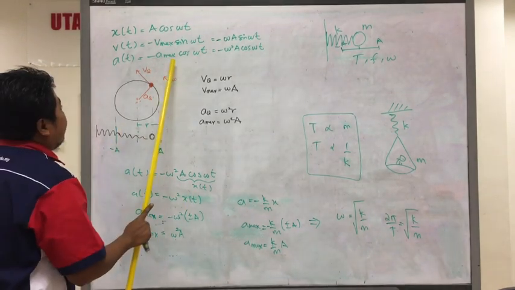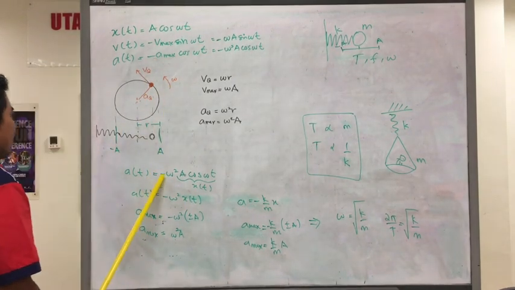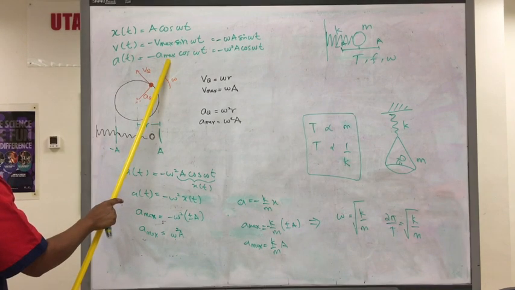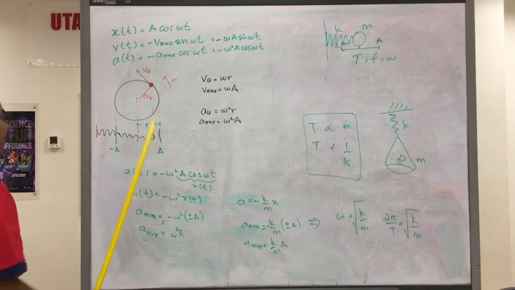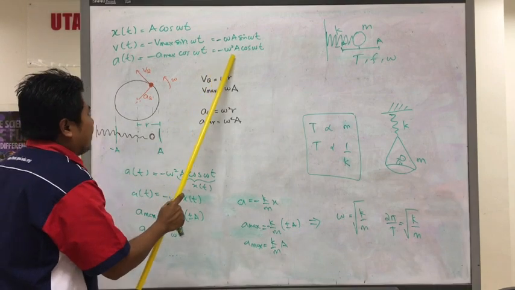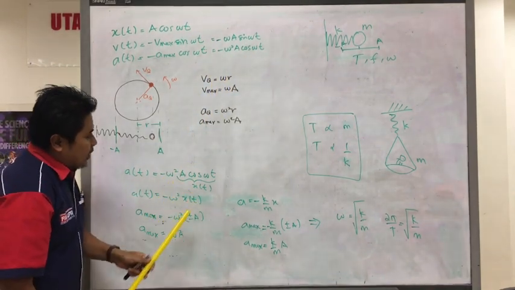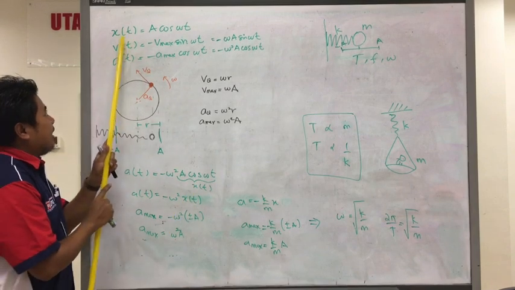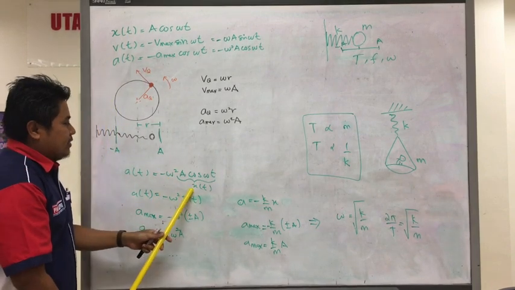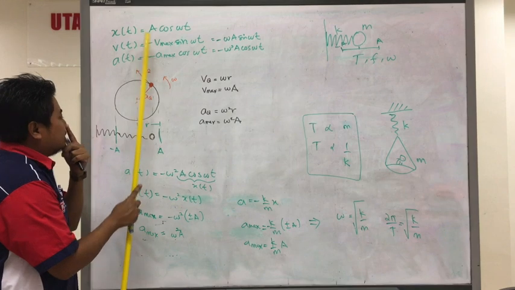So we rewrite this a and this A. Notice that this A cos omega t is also equal to x.